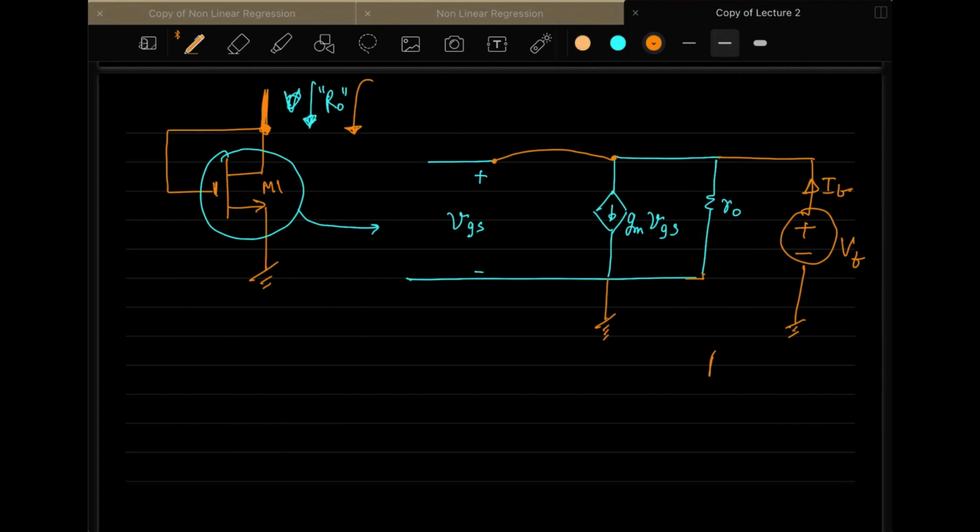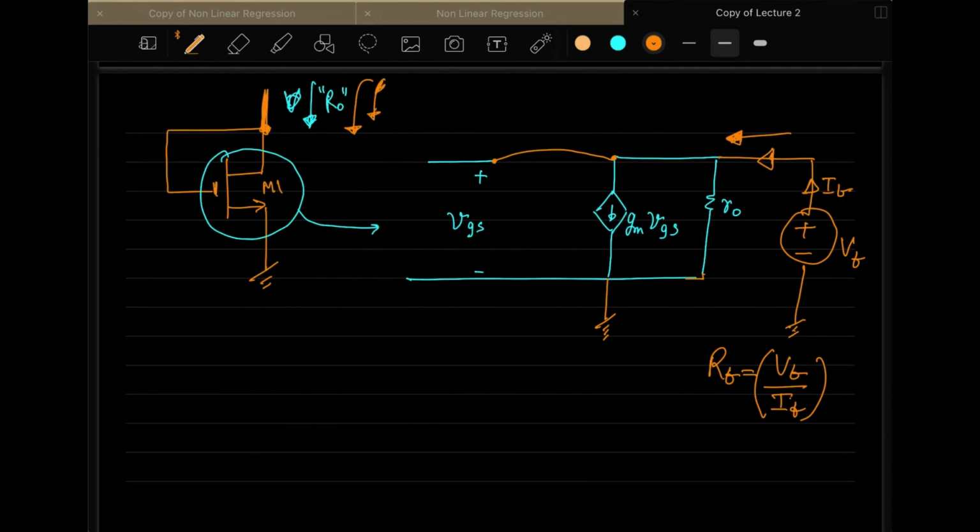So the output resistance will be Vt over It. If you calculate Vt divided by It, it is the resistance that this battery is seeing when you look from this side, the same as what you are seeing from here in the circuit.